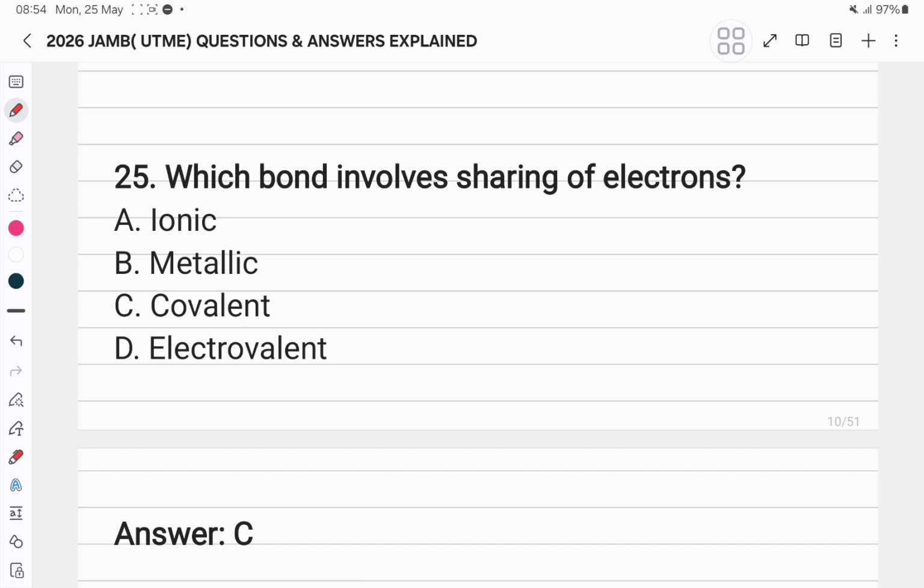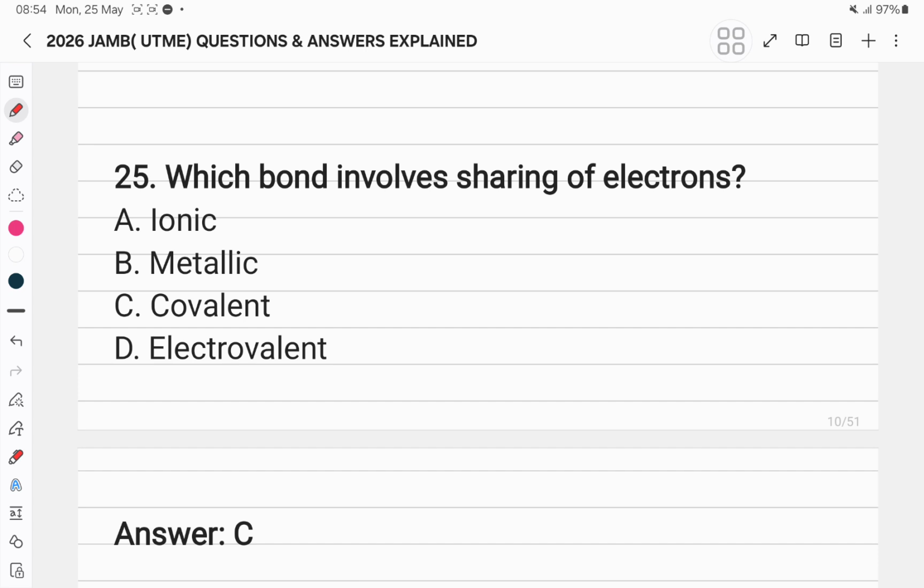There are other bonds which are collectively referred to as intermolecular bonds, such as hydrogen bonds, van der Waals force, and dipolar force. Now, when we are talking about sharing of electrons, it is in covalent bonding, the sharing of electron pairs between 2 combining atoms, which are contributed equally by the 2 atoms.